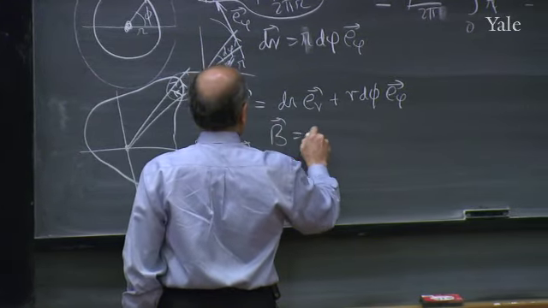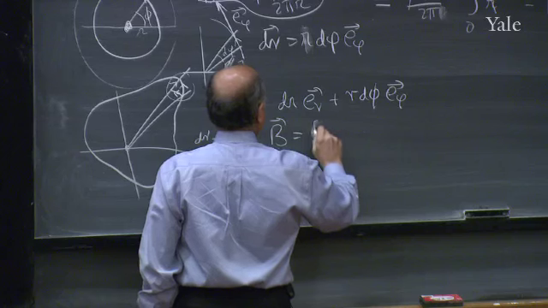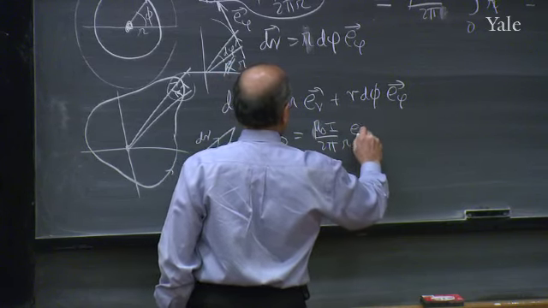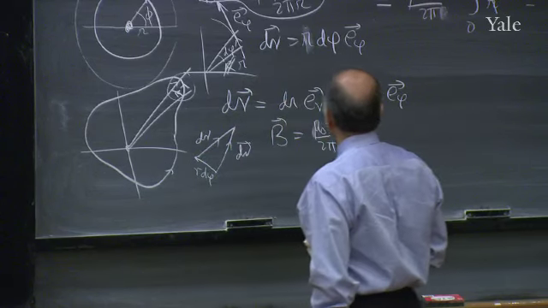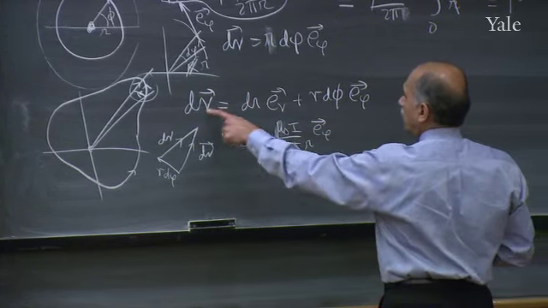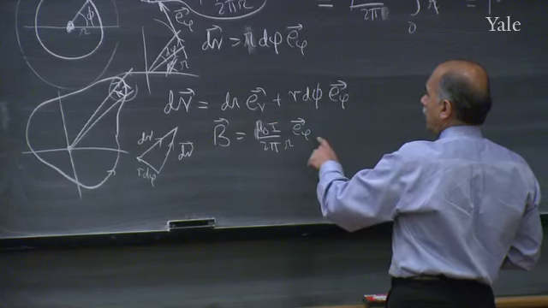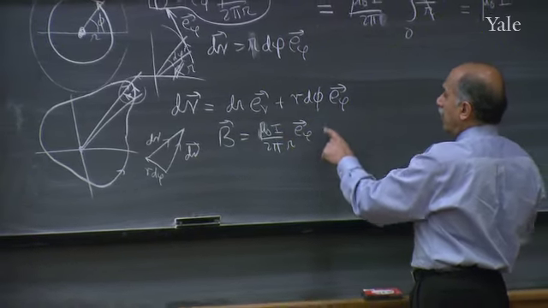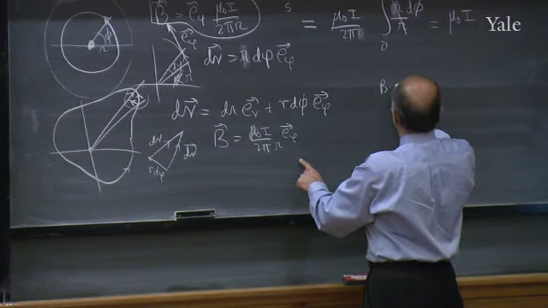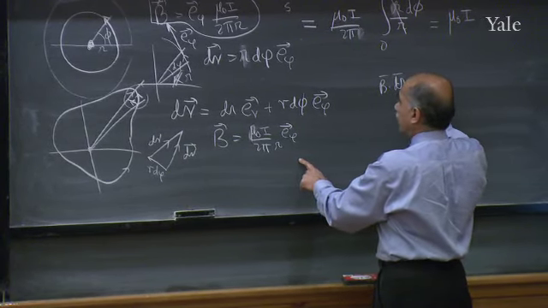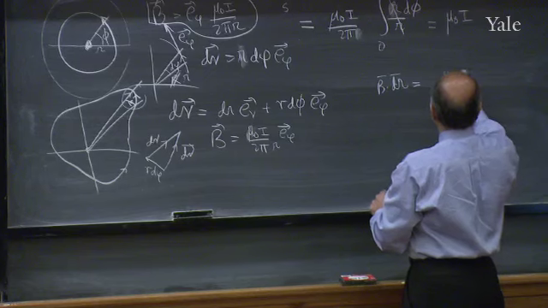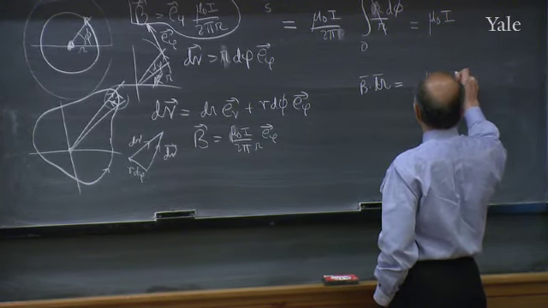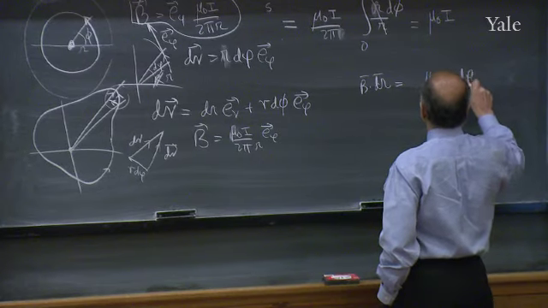But B was equal to mu 0 I over 2 pi r times e_phi. So when you take B dot dl, e_r dot e_phi is 0 because they are perpendicular vectors. All you get then is B dot dl will be mu 0 I over 2 pi d phi.